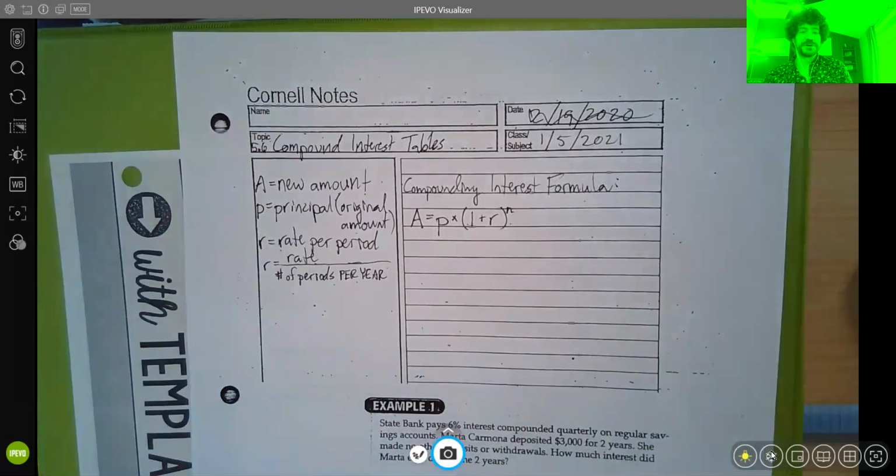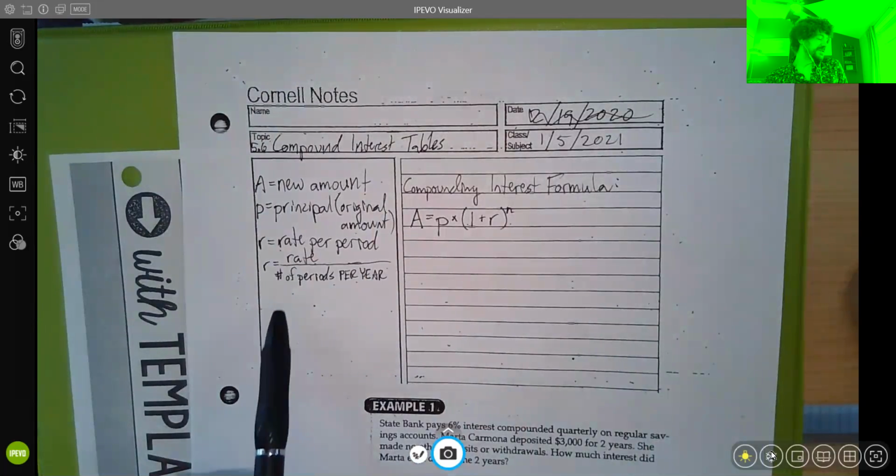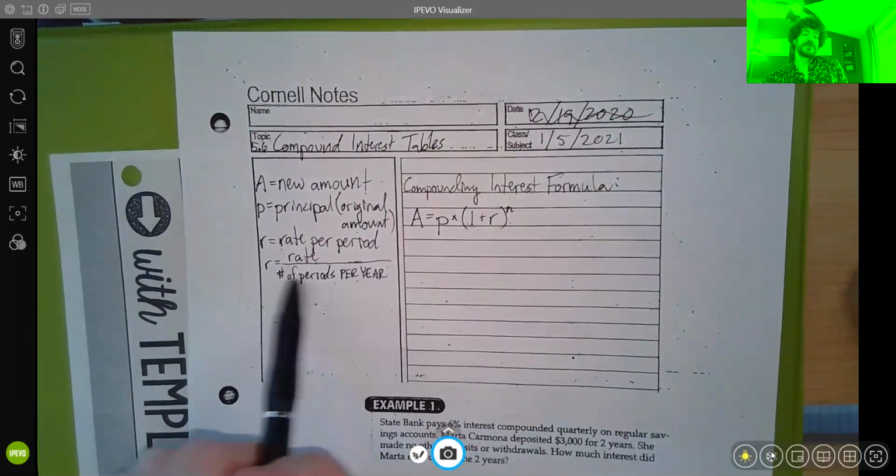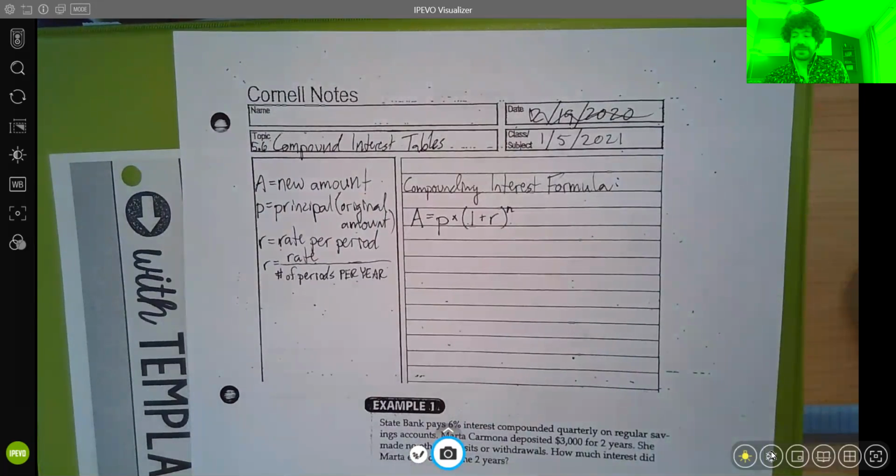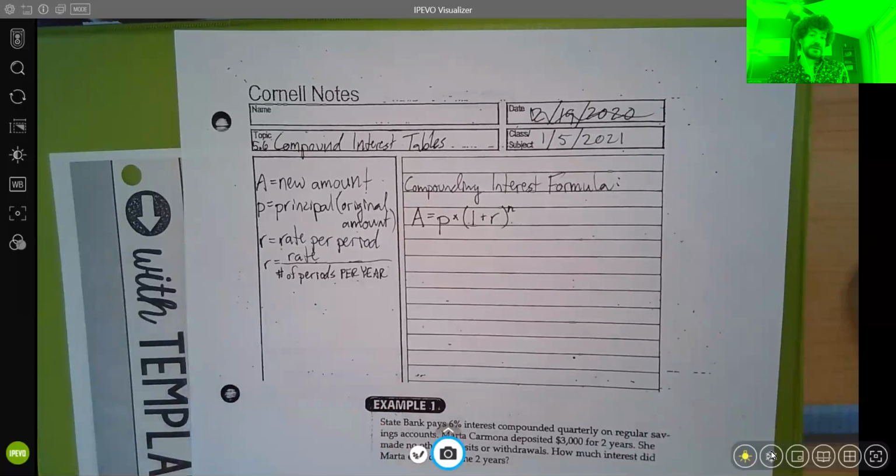Not the total number of periods, but the number of periods per year. So if it's quarterly, this would be divided by 4. If it's monthly, that would be divided by 12 because that's the number of months in a year. So that's the number of periods per year.